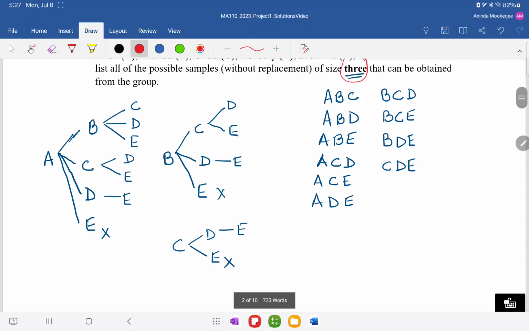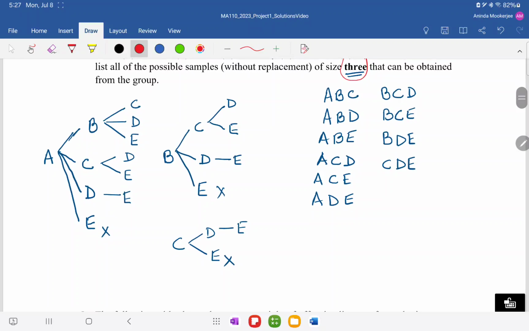So I've used the tree method, which I've already shown in one of the worksheets. I think in the first worksheet we had a similar question, and I explained how we can make sure that all possible combinations are captured by using the tree method instead of doing it in your head. All right, so you're welcome to use this method.